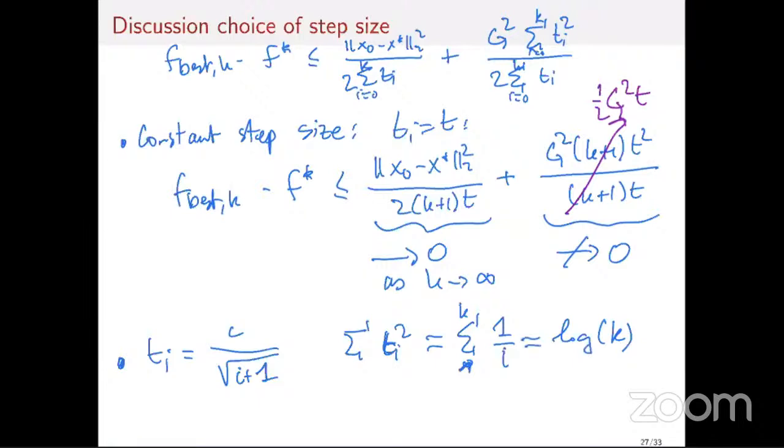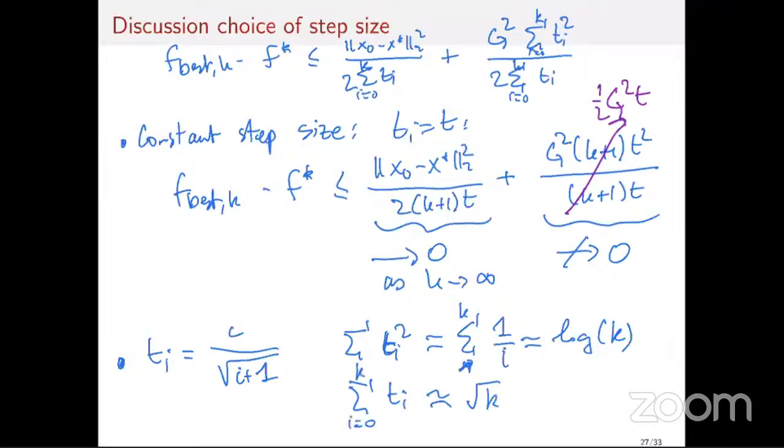But the sum of t_i will go to infinity, roughly equal to square root of k. This is the summation of 1 over square root of i.